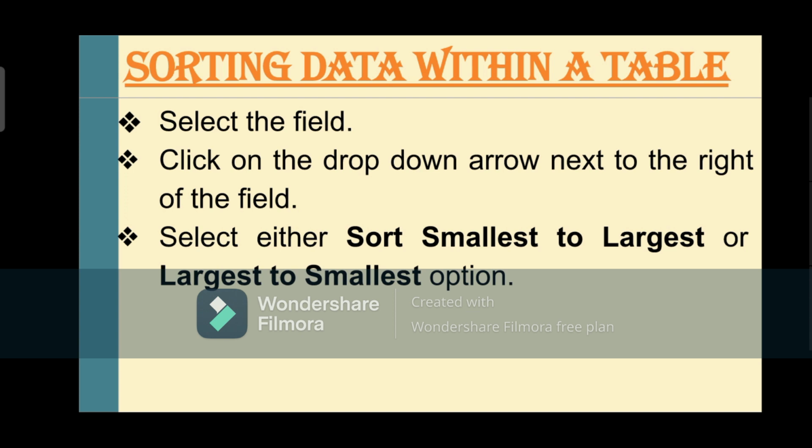Okay, so how to perform this sorting process, I am going to tell that. Very first we have to select the field which we want to sort. Then click on the drop down arrow to the right of the field. Then select either the sort smallest to largest or largest to smallest option.